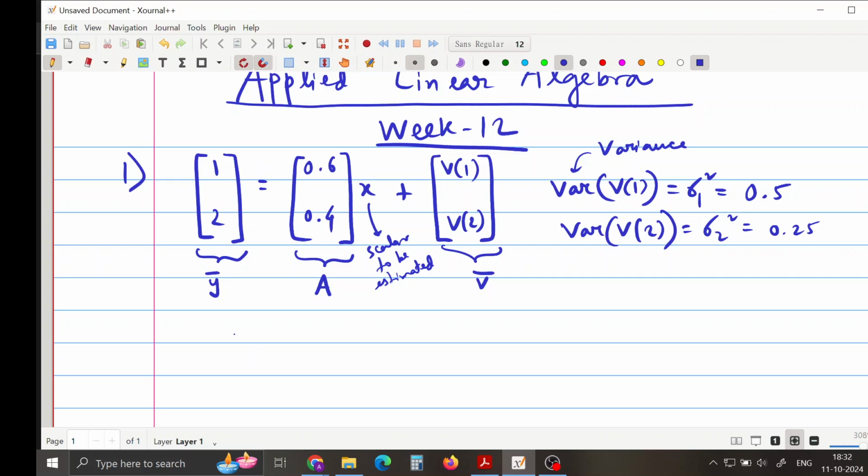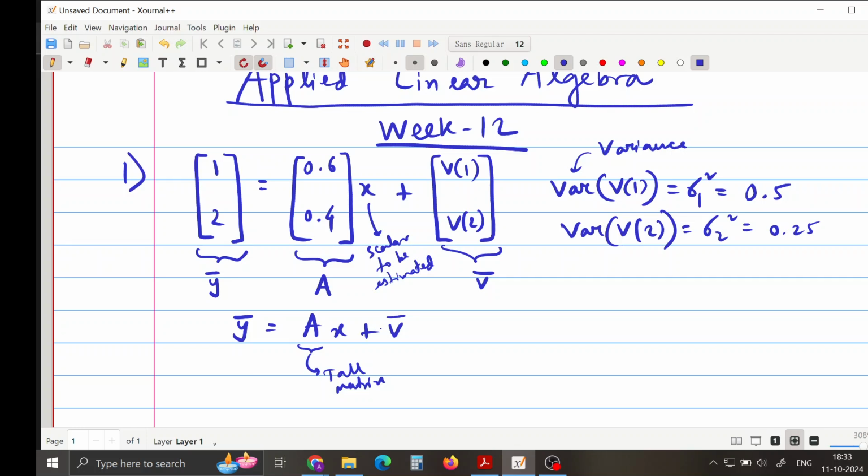Even if you look at it at a basic level, y bar equals A x plus v bar is what we have here, and here A is a tall matrix. In this case it's a column vector. The number of rows is 2, which is more than the number of columns, which is 1. So it's a tall matrix, and whenever we have this kind of situation, we go for the traditional least squares solution.